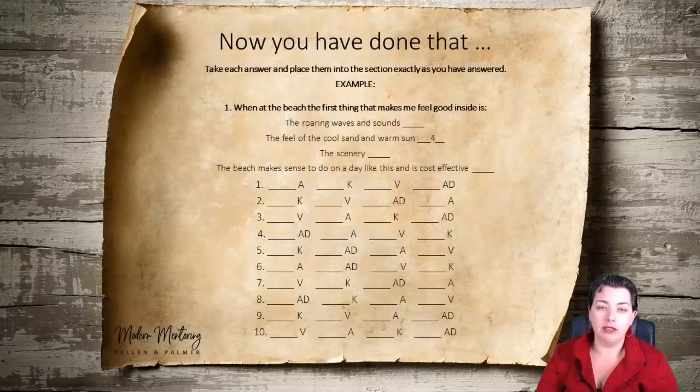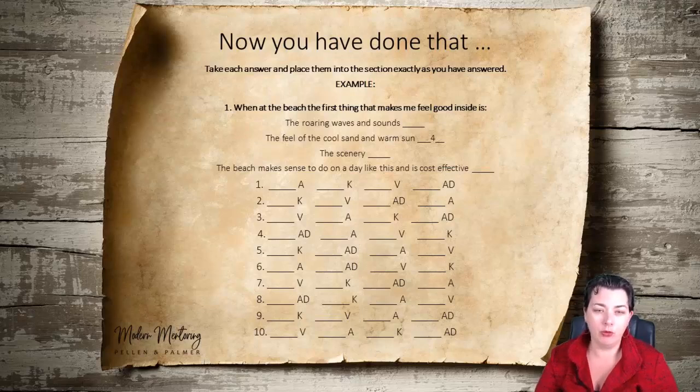So once you have done that, you now take each one of the answers and put them into the next part of the PDF, okay? For example, question number 1 is, when at the beach, the first thing that makes me feel good inside is, and the 4 statements are the roaring waves and the sounds, the feel of the cool sand and the warm sun, the scenery, and the beach makes sense to go to on a day like that, and it's cost effective.